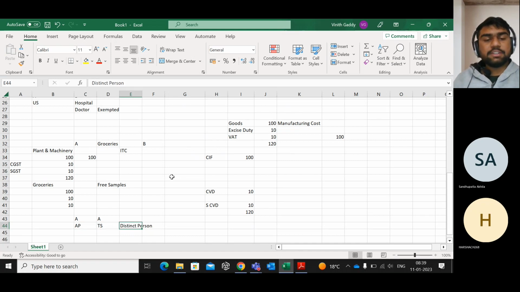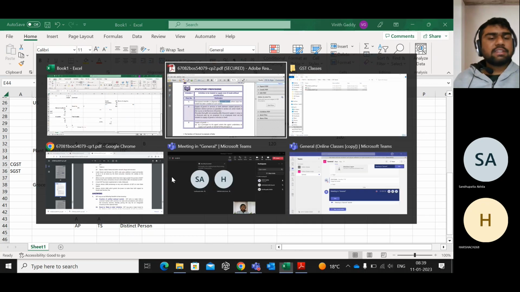In the eyes of the GST, you both are distinct persons. So if you transfer some stock from AP to Telangana, to your own branch premises also, in the eyes of the GST, you are treated as distinct persons. So you pay GST, the government will say.